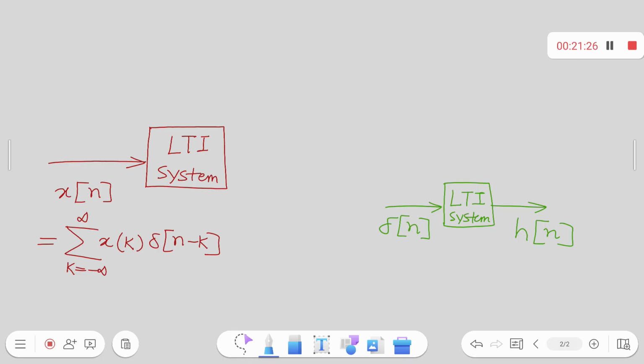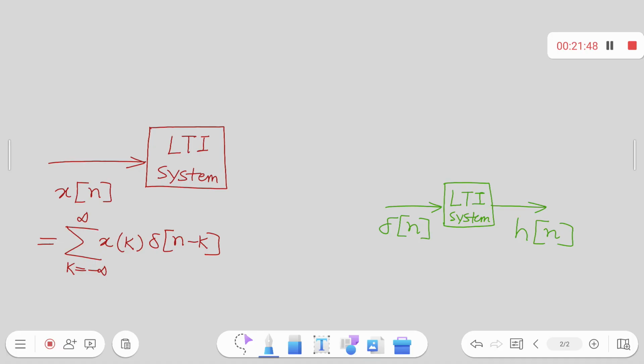So that is a kind of description. Now let us try to understand whether this is actually true or not. Suppose we have an LTI system, and we know that for this particular system the impulse response is given by h of n. Now the input to the system is not delta n.